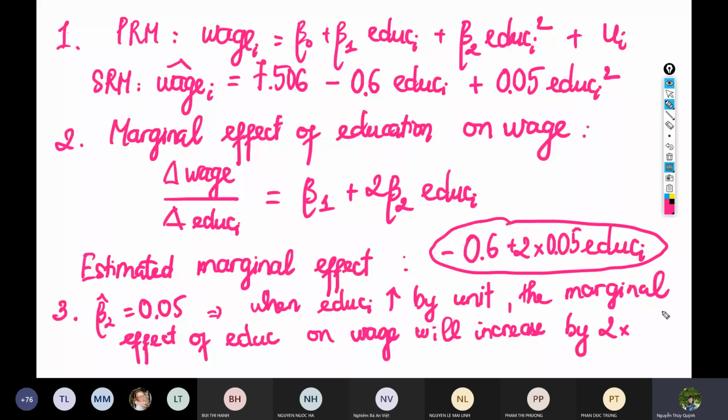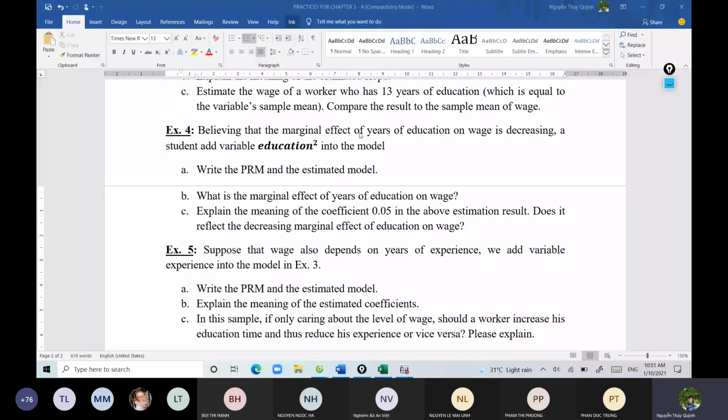Now that it will suggest the change in the marginal effect of education on wage. Okay, and as you see, the change here is a positive change. So that it suggests the decreasing marginal effect of education on wage.